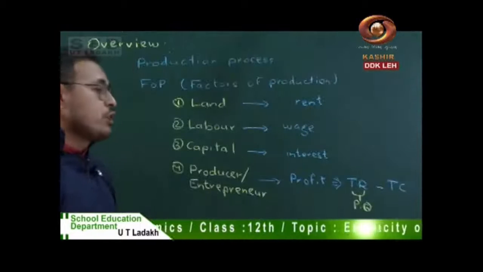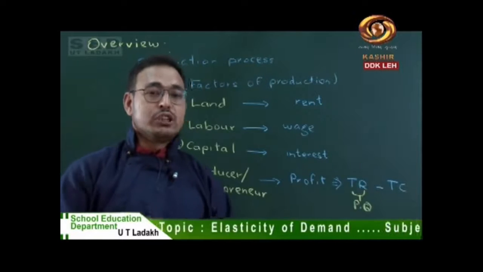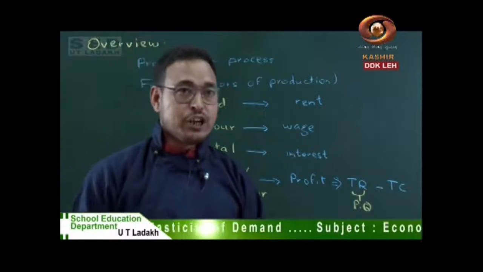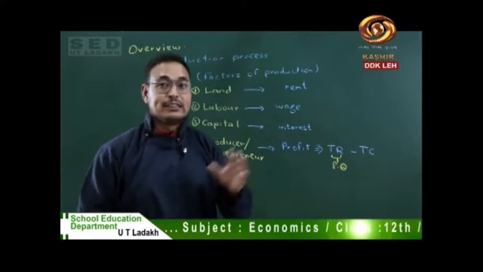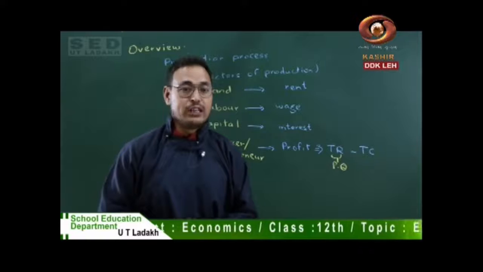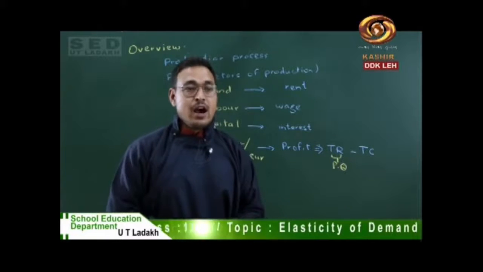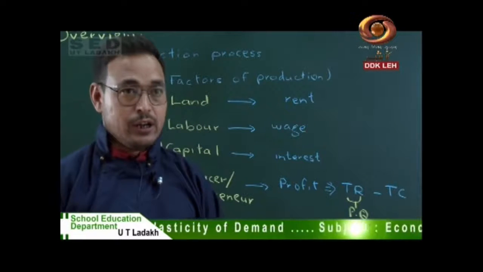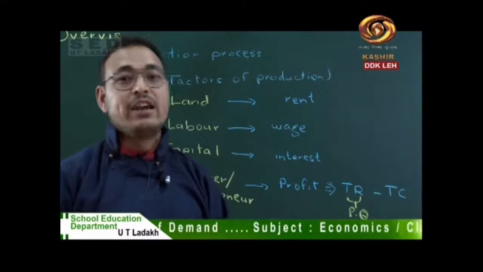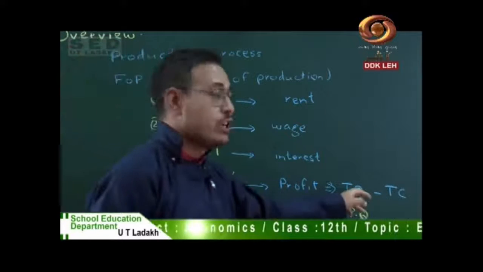Now in this production process, at a higher level, we see that a producer will undertake some kind of production by utilizing land, labor, and capital. There is an element of risk also that he is undertaking, for which he gets profit in return. After production, he will sell that particular product in the market through some channels, and he will generate some revenue, which is the total revenue.